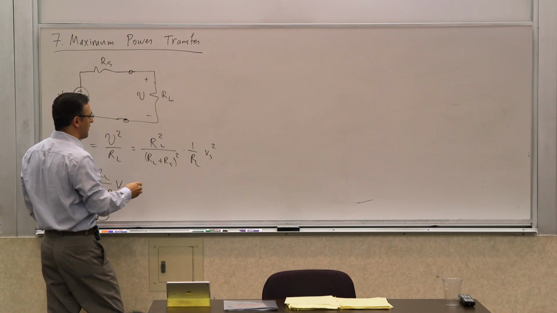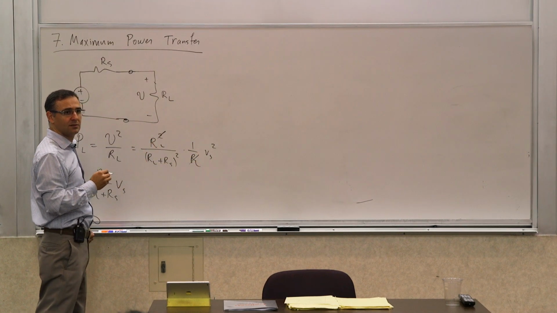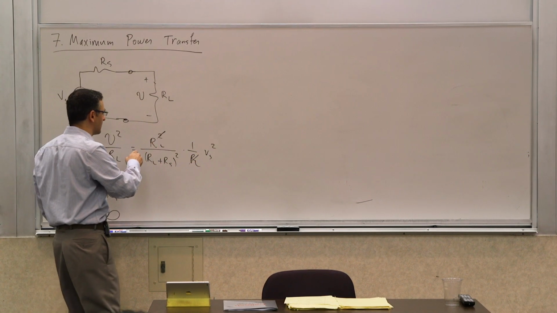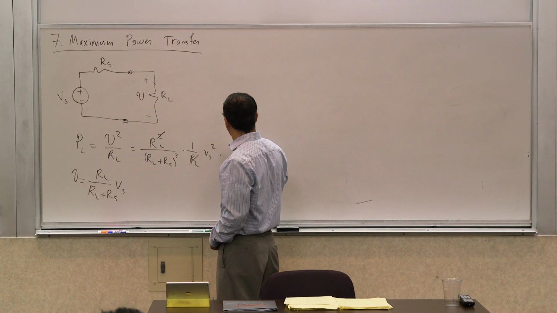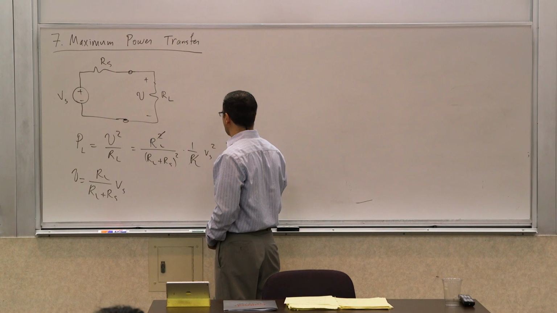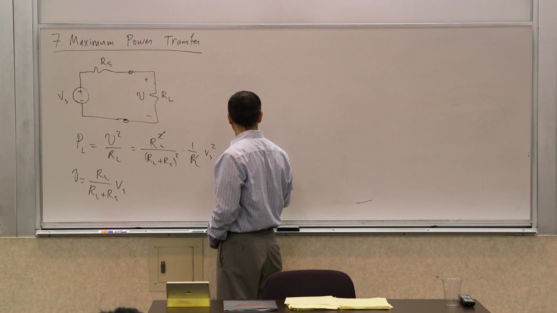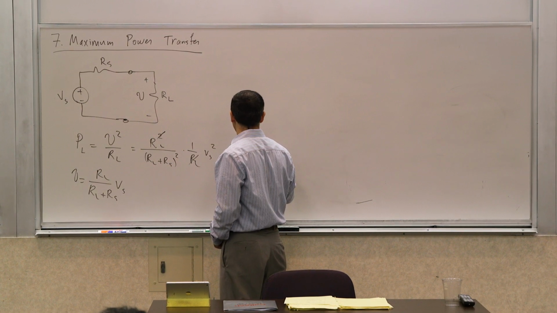Right? So one of the RLs cancels the other RL. So this is what I'm left with. So if Vs is constant, I'm looking at RL over RL plus RS squared, and I'm trying to maximize this quantity.